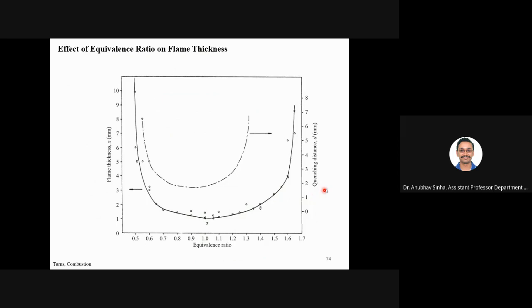There's another thing called quenching distance, which we have not discussed, so let us postpone that discussion for the next chapter. For now, you can just look at this plot, which refers to flame thickness.